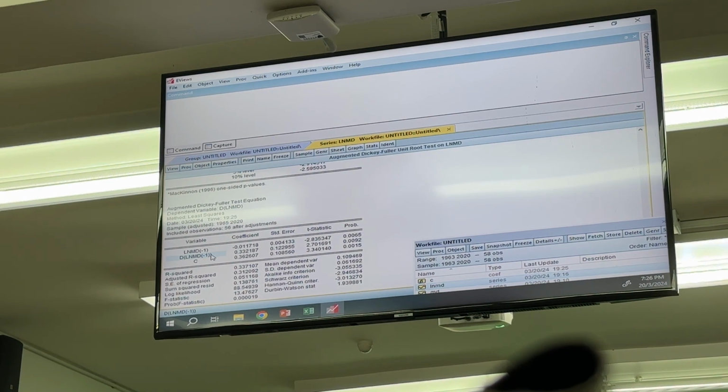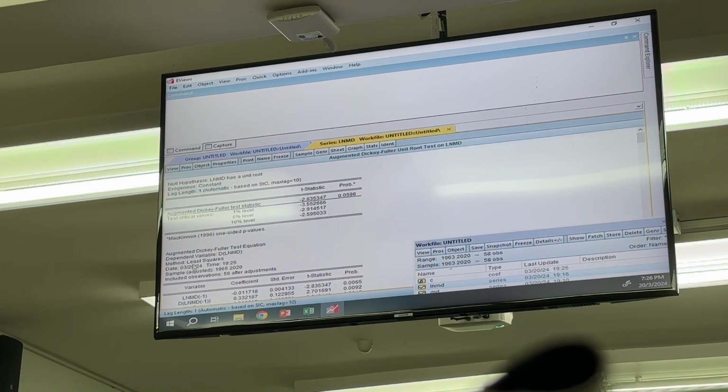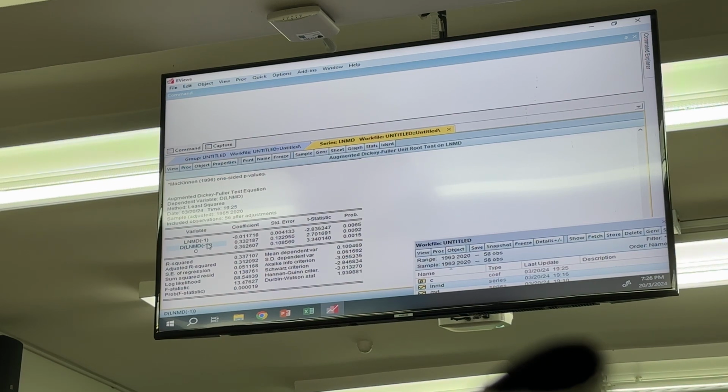Only one. It means the lag length based on the SIC is only one, so it cannot remove the autocorrelation. Then the test statistic is this coefficient divided by this standard error, which comes to 2.83.